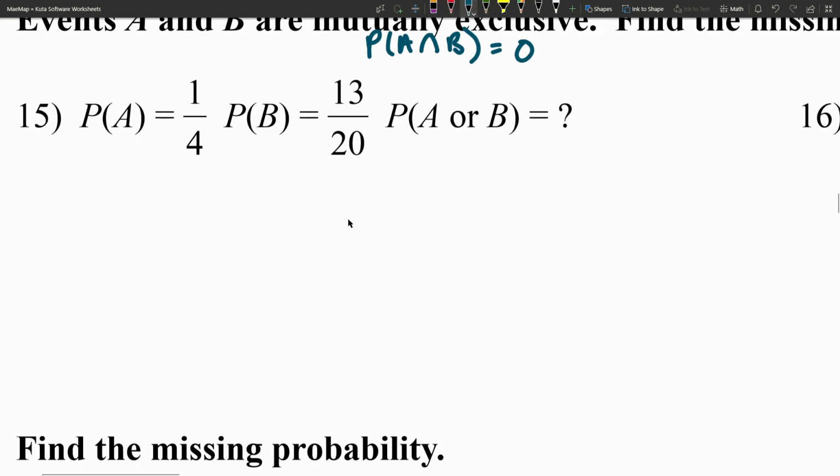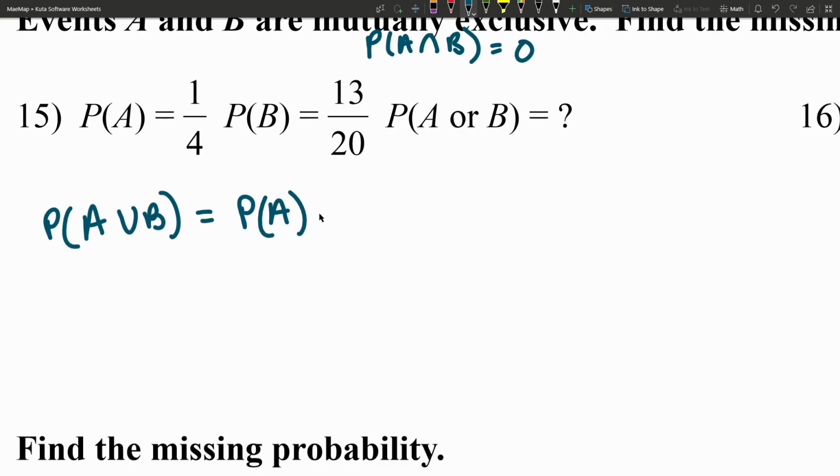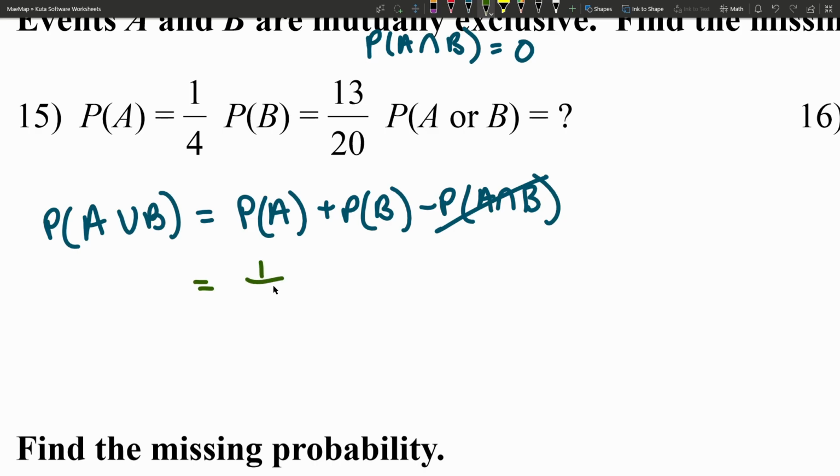So if we're trying to figure out the probability of A or B, we know the probability of A or B, that union, equals the probability of A plus the probability of B minus the intersection of A and B, that probability. We know this is 0 because they're mutually exclusive. So all we have to do is sum up A and B's probabilities. So that's going to be 1/4 plus 13/20.